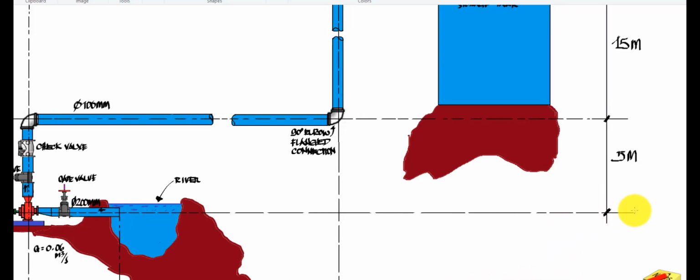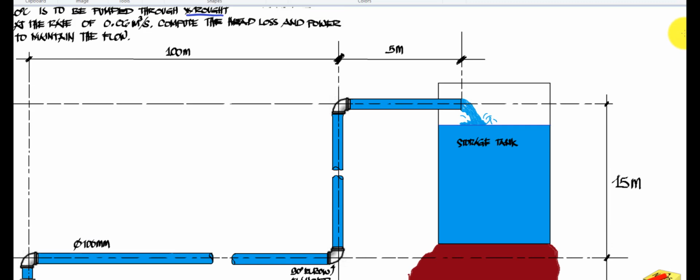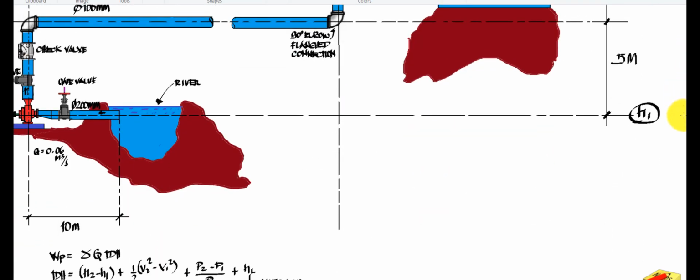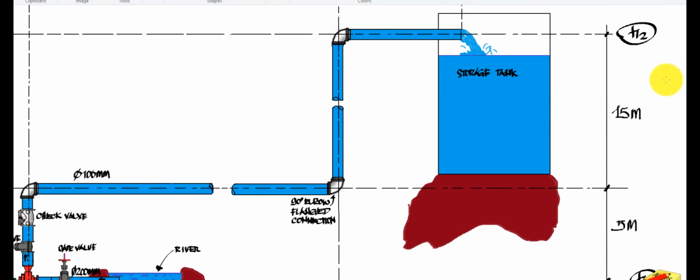So our reference here is already in the pump, so call this H1, and this will be our H2. So for H1, so we have your 0, then for H2 we have the elevation, which is 15 plus 5, that will be 20 meters.